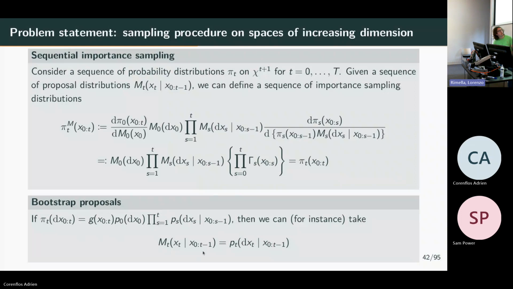An example would be taking the bootstrap proposals, where you propagate according to the density. In that case, the quotients tend to simplify. You can do it yourself, and the ratios essentially only end up being the ratio of the density in front.